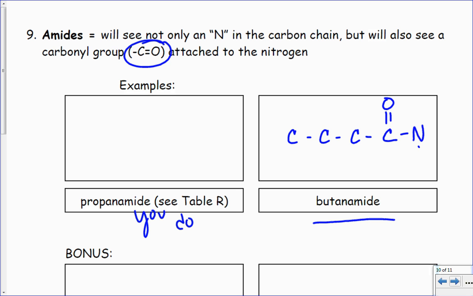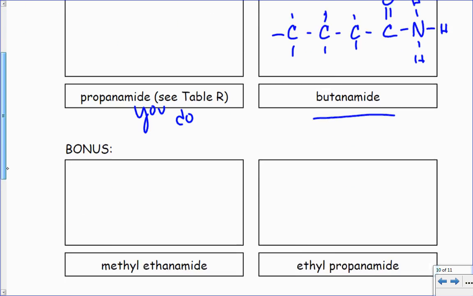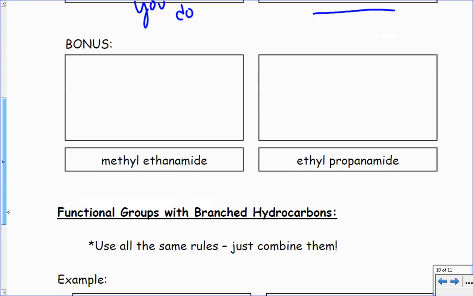And this is going to have H's on it. 4 bonds on that carbon, 4 on that, 4 on that, 4 on that. Done. So butanamide.